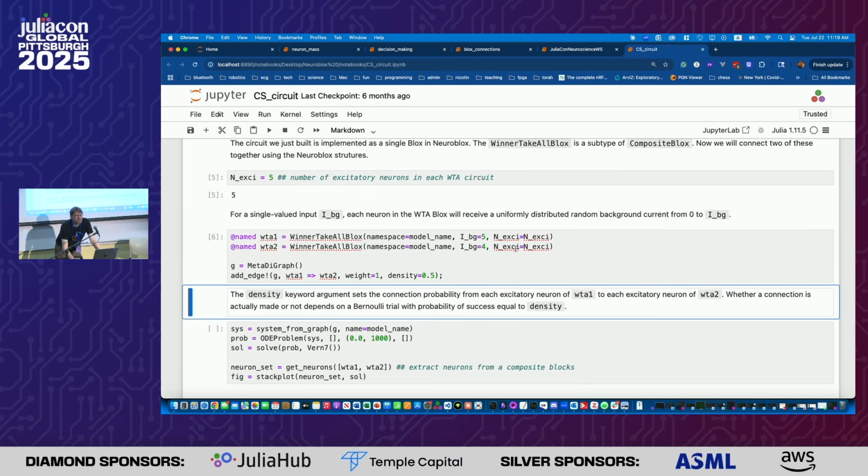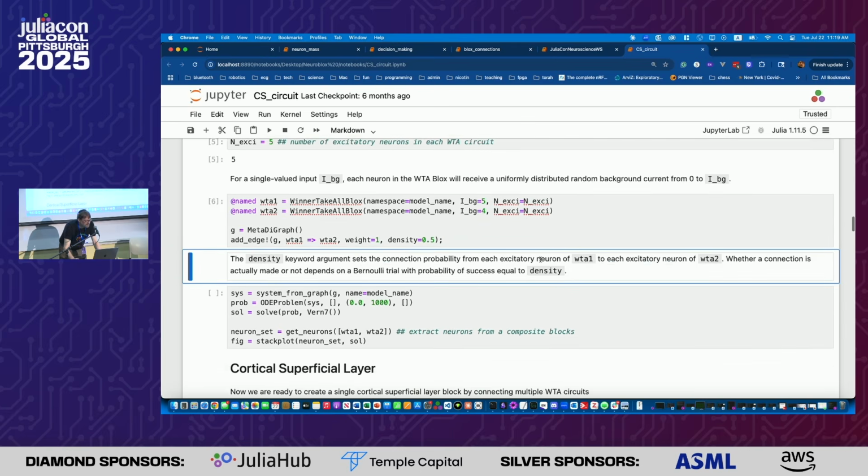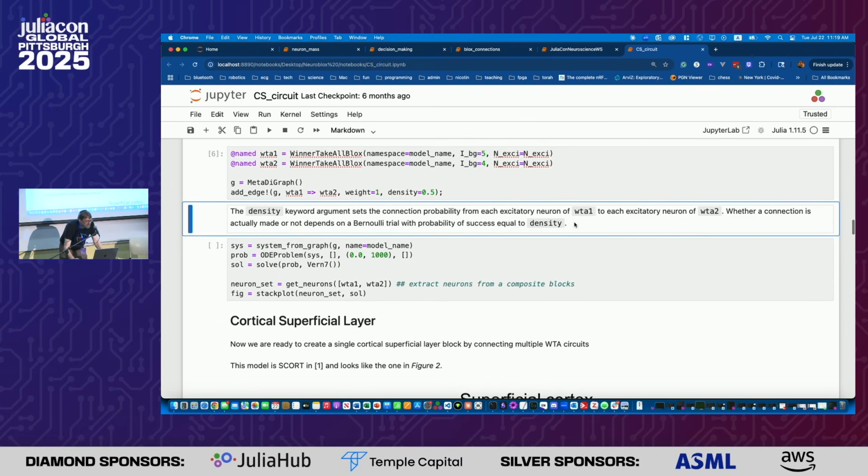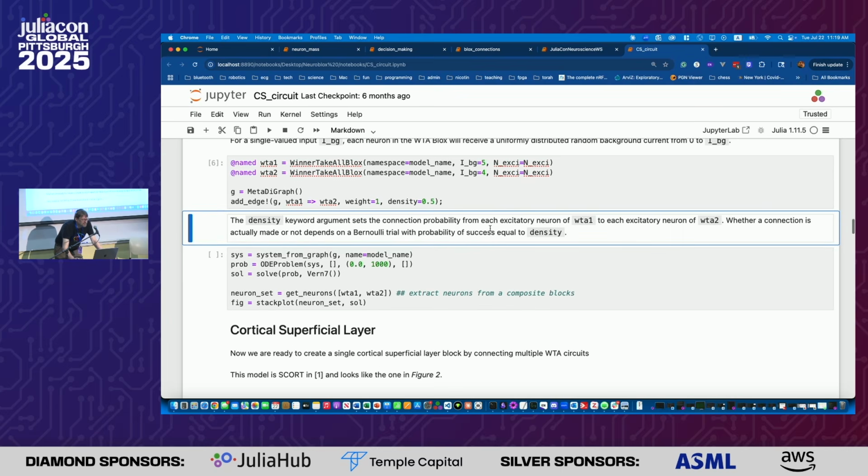And all the inputs are how many excitatory neurons to one inhibitory neuron, and what is the background current that goes into the system. And then, yes, the density keyword sets the connection probability from each excitatory neuron to each excitatory neuron of the WTA.